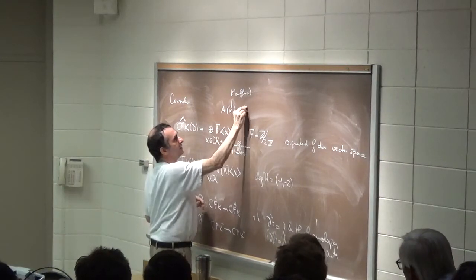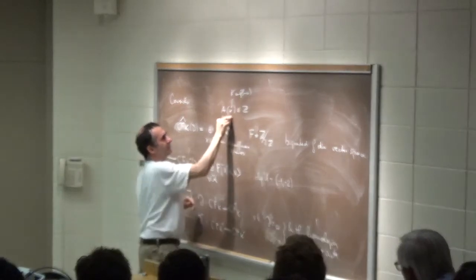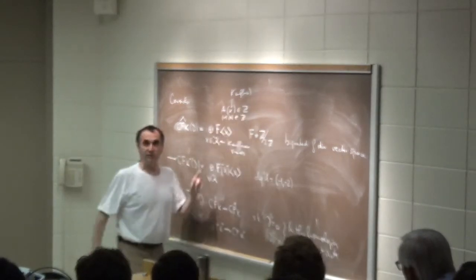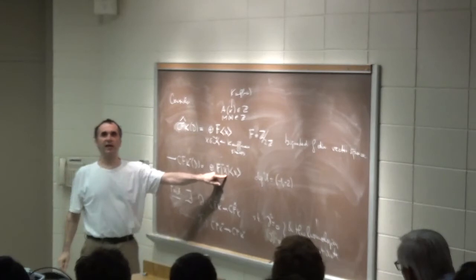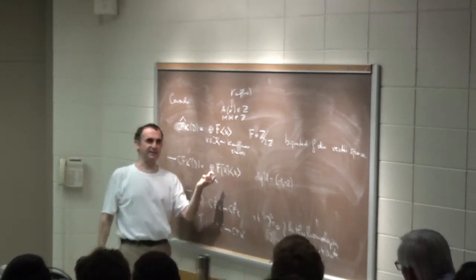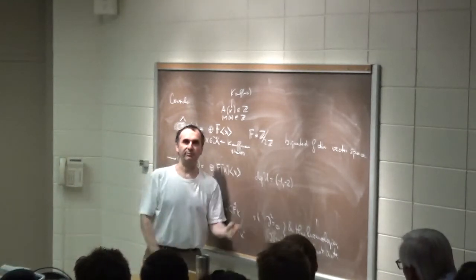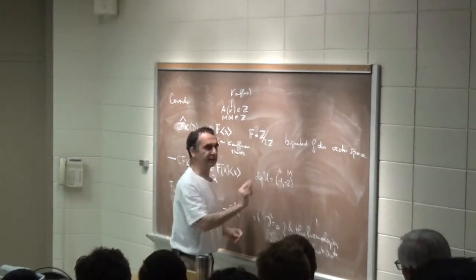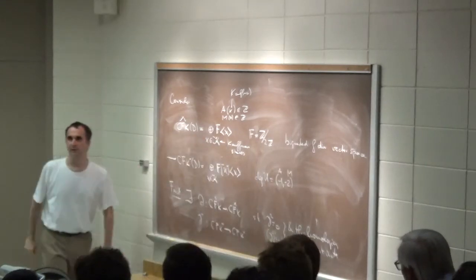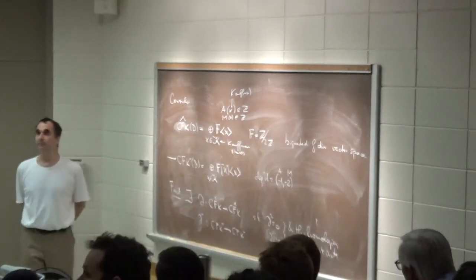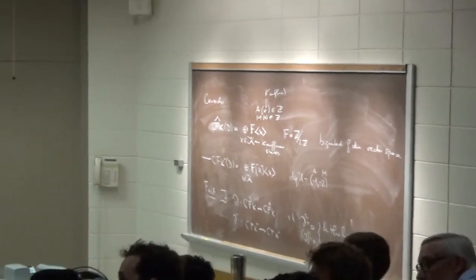And this is a grading, A, and the M is also a grading. In F[U], you also have to tell me what happens when you multiply a basis element by U, and this is what happens: the A drops by 1, and the M drops by 2.